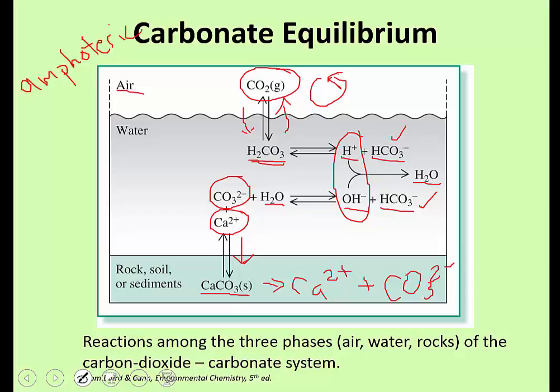Okay, amphoteric hydrogen carbonate. And that means that it can act as either an acid or a base. Notice that it is an anion, so it can accept an acidic proton, just like the one it gave up over here.